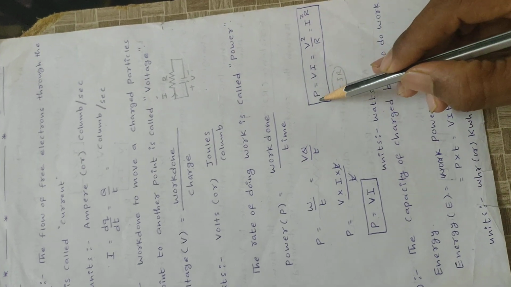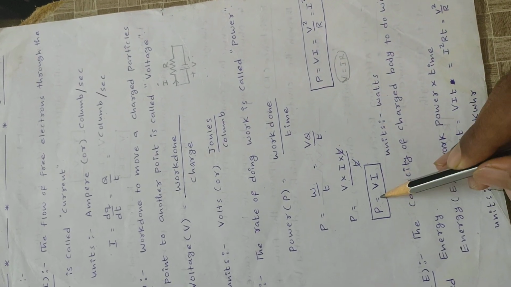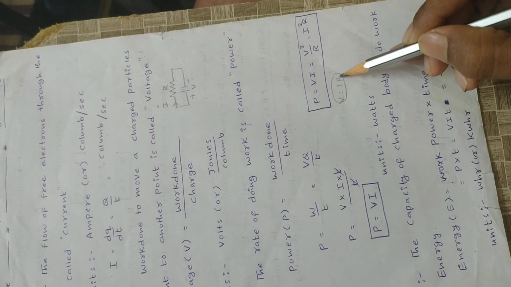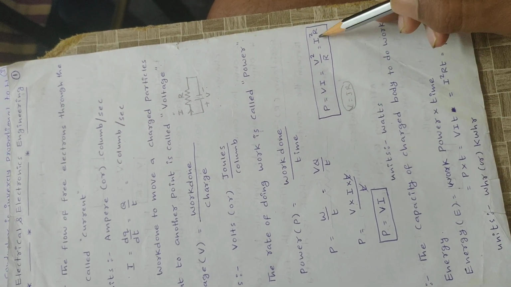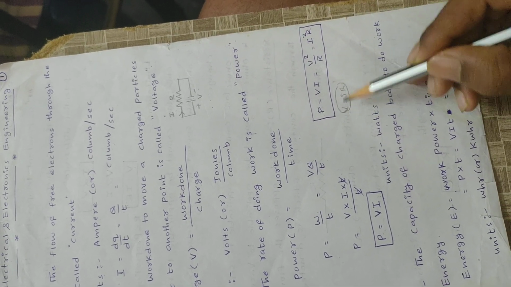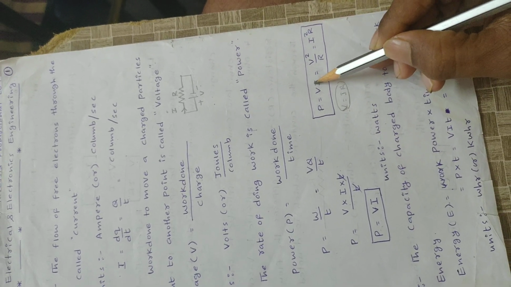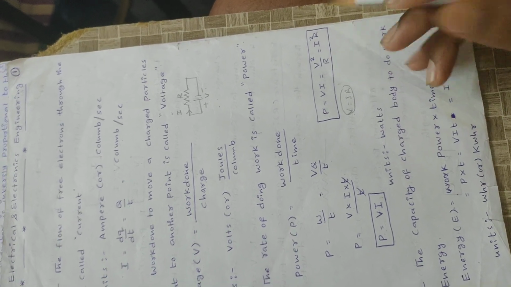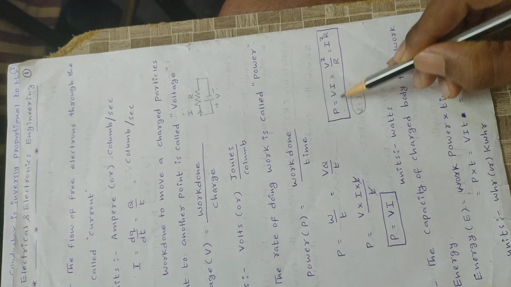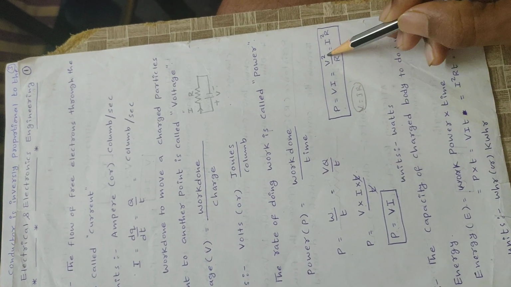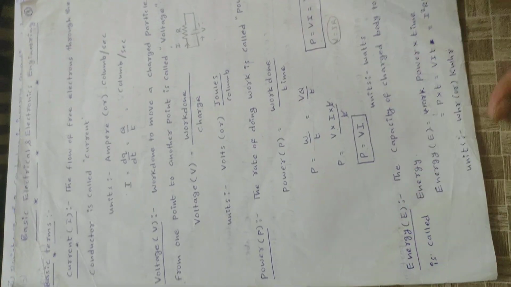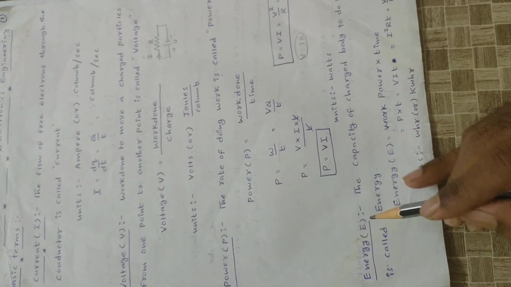The power equation is P equals V into I. If I substitute V equals I into R, I will get the power equation as I square into R. From I equals V by R, if I substitute the I value, I will get power P equal to V square by R. That means power P is equal to V into I, or I square into R, or V square by R. That is about power.